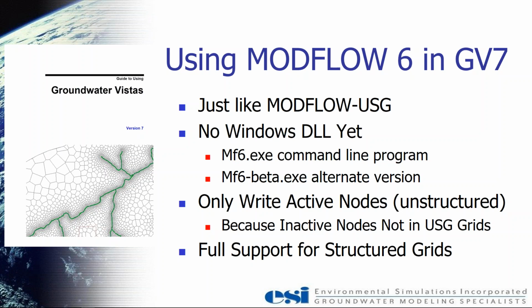It just renumbers all the nodes so that it eliminates the inactive and pinched out cells. And that can be a big time savings in terms of runtime, because in a lot of models, you could reduce the number of cells by a factor of 2 or 3, and therefore you get a commensurate decrease in runtime. With MODFLOW 6, you have to do that.